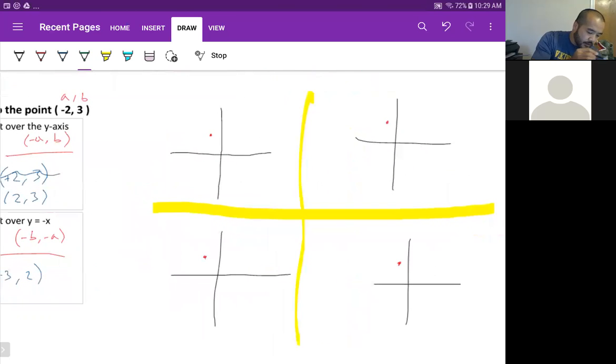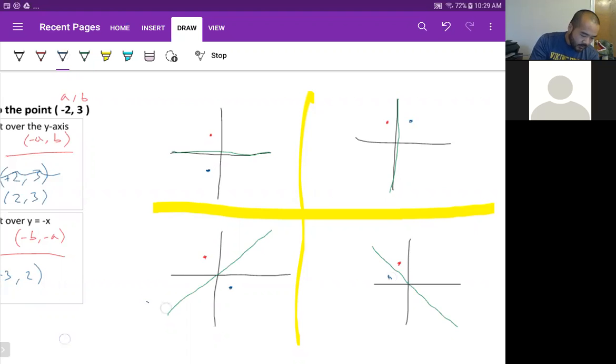So the reflection is here, here, here, and here. That's what we're looking at. This one ended up here, this one here, this one here, and this one here.